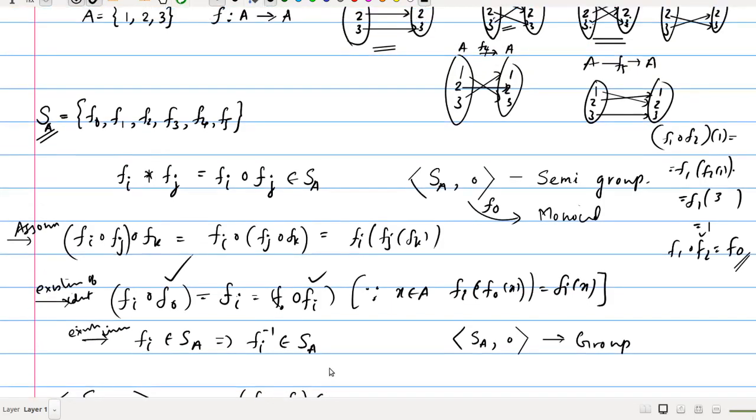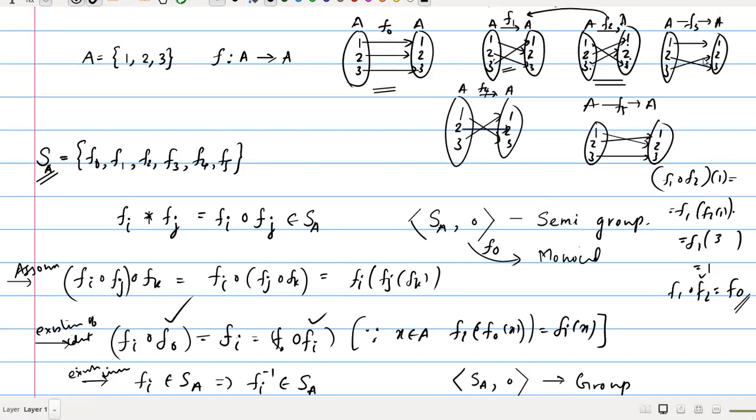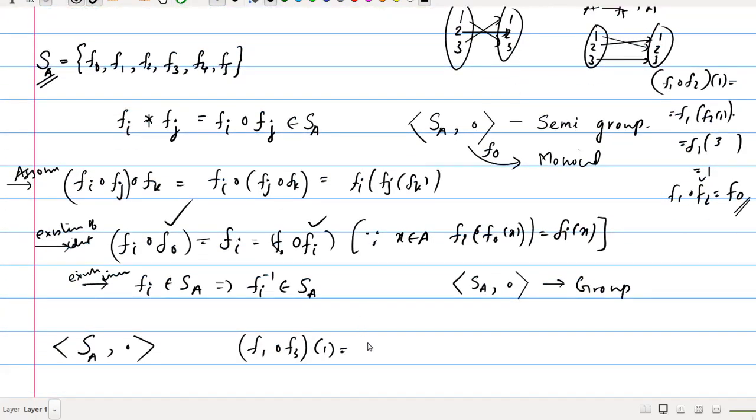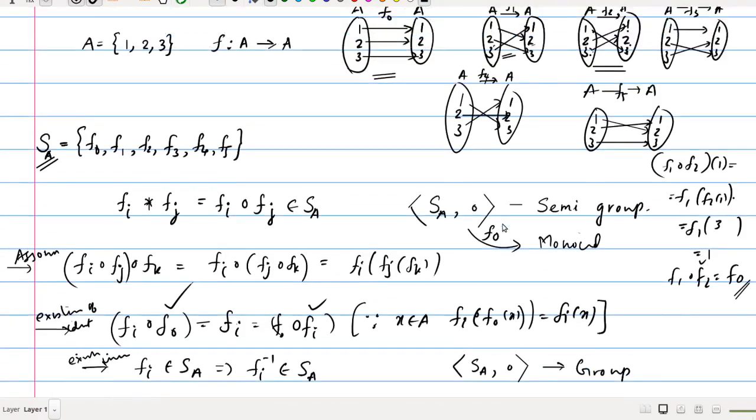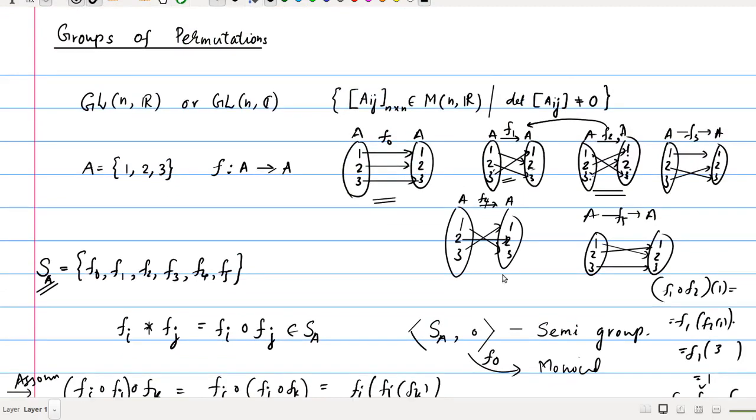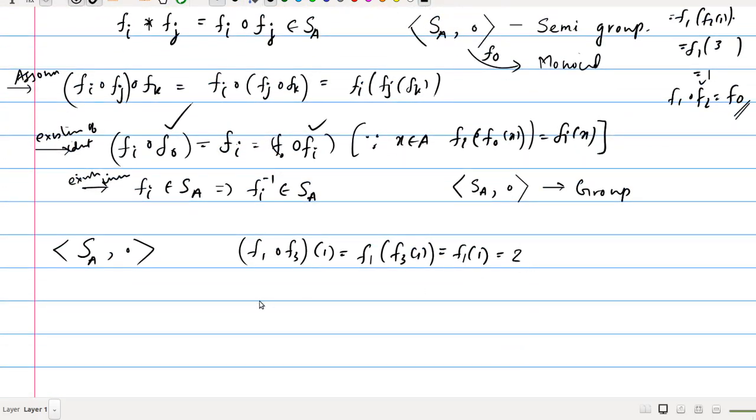First of all, we have to evaluate f3 of 1. f3 of 1 is 1, and that 1 is mapped to 2 here. So f1 composition f3 of 1 is f1 of f3 of 1. f3 of 1 is 1, so this is f1 of 1, and f1 of 1 is 2, so this is 2. But if you evaluate f3 composition f1 of 1, that is f3 of f1 of 1.